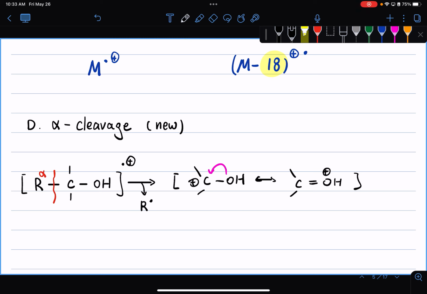On the left, we have the molecular ion. On the right-hand side, we have the molecular ion minus some kind of R dot. So on the mass spectrometry diagram, one of the things you can look for is a hydrocarbon leaving, like a CH3, which is 15, or C2H5, which is 29. Those are pretty easy to identify.